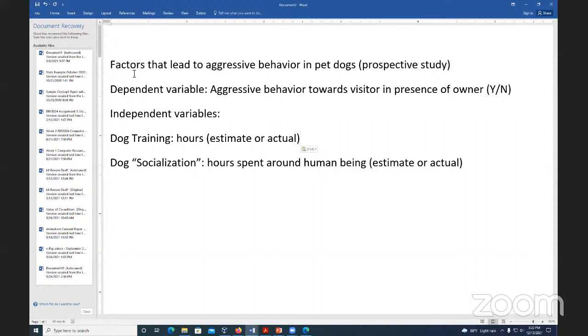I've already researched something on it, and what the literature is saying is that, irrespective of the breed, none of these dogs were born with an inheritance to be aggressive.